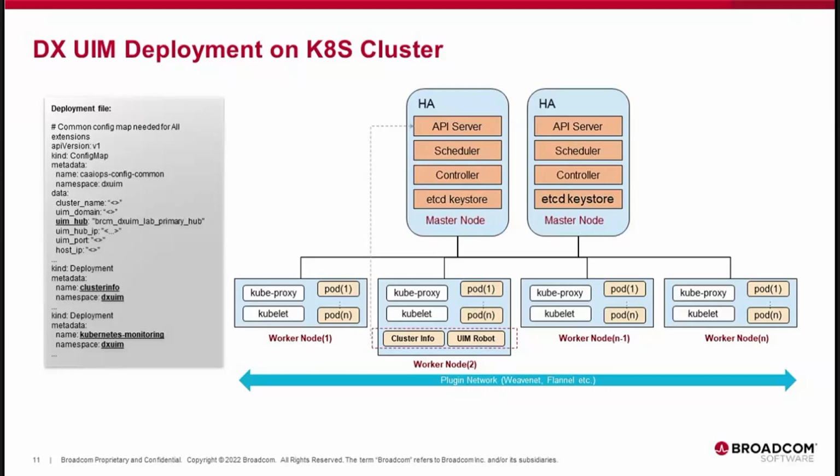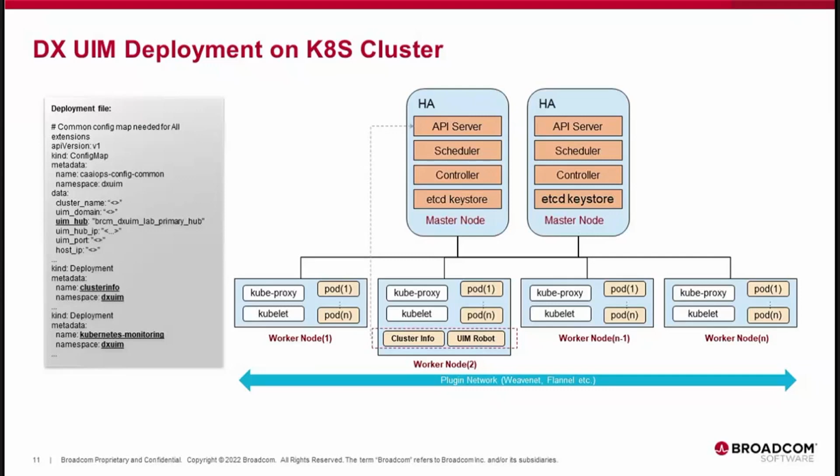The other one, Kubernetes monitoring, is nothing but the UIM robot itself. The first one is the one which actually exposes the APIs, and this cluster info will connect to the API server, fire the kubectl commands, and get the required health metrics.